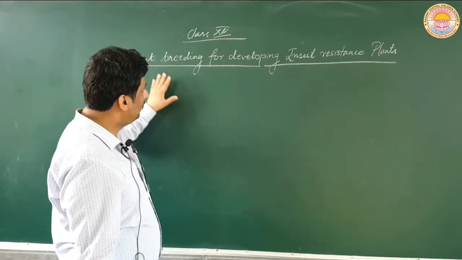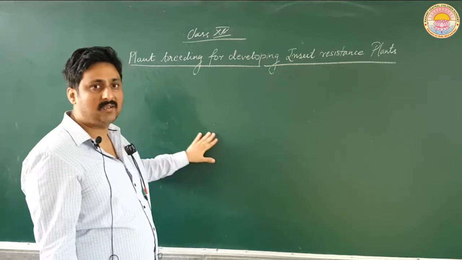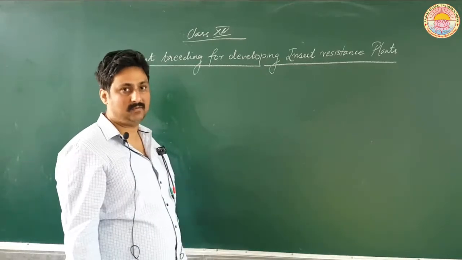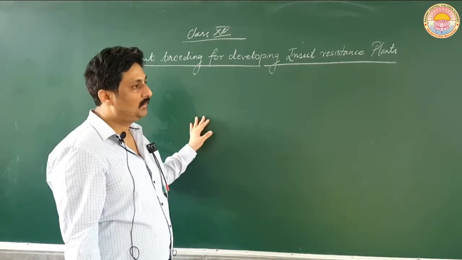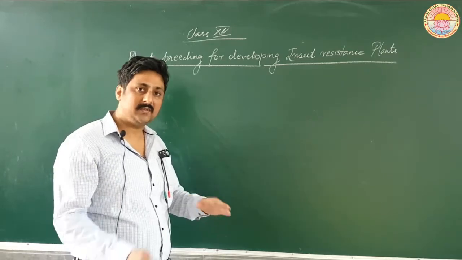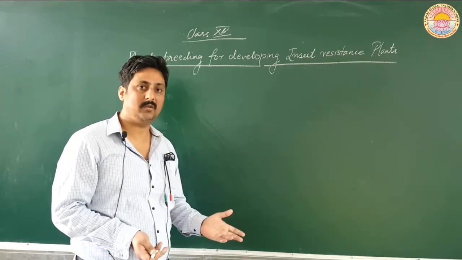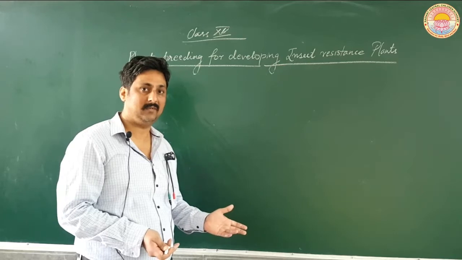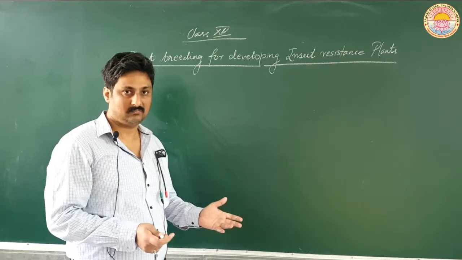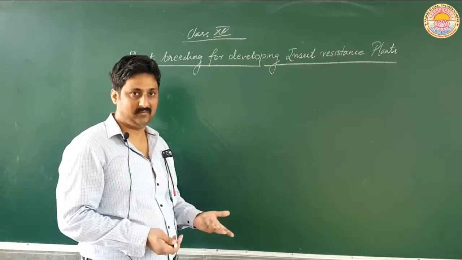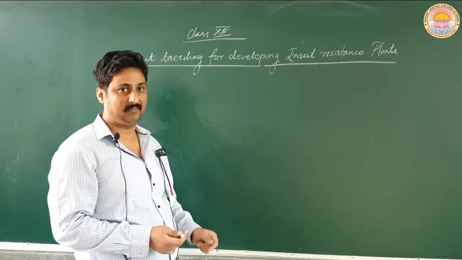See, we have already seen the conventional plant breeding methods, in which there were certain steps in order to make a better plant as such. There were certain points given.